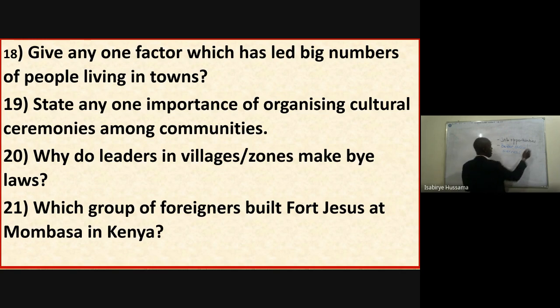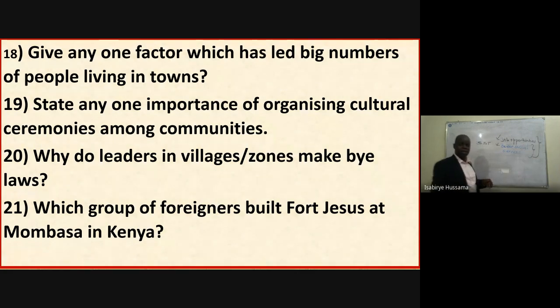Since they have asked for one factor in section A, we can take any of these two. But still a child can break down social services. A child can say presence of better schools in towns, presence of better hospitals, better security. Now, these are the social services.